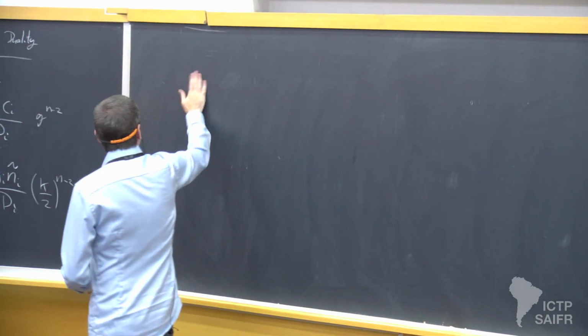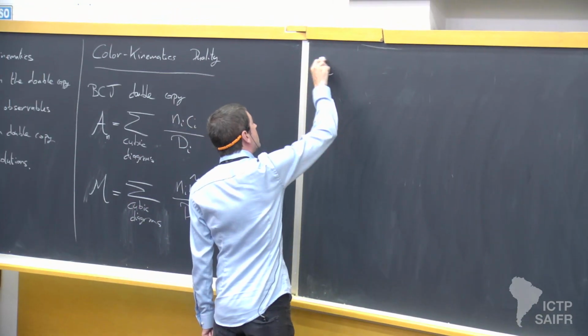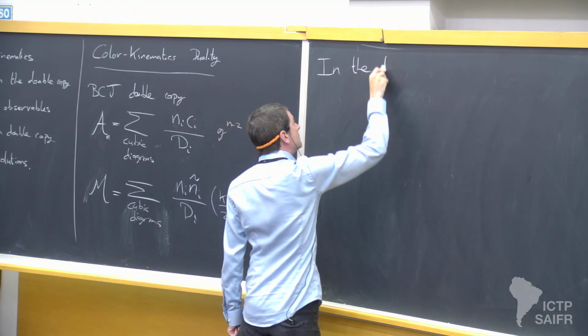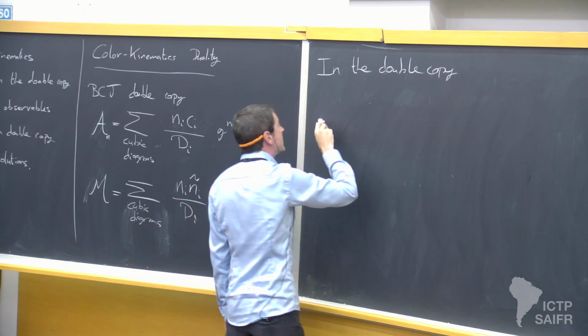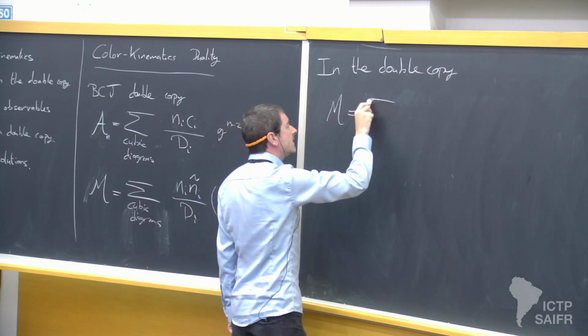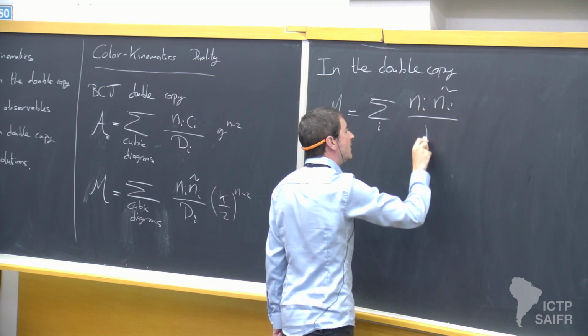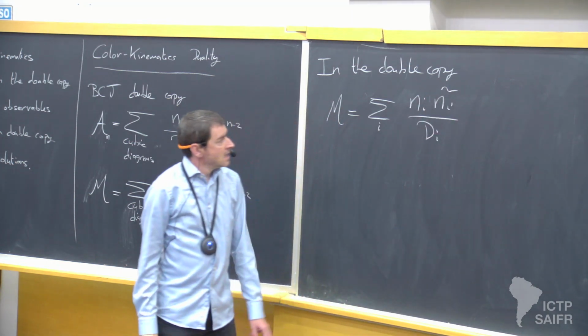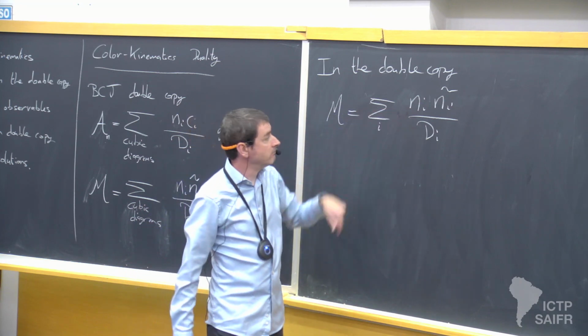Perfect. So in the double copy, we started with an amplitude M, which was a sum over cubic diagrams Ni tilde over Di. Now what I could do is perform a gauge transformation on this Ni.